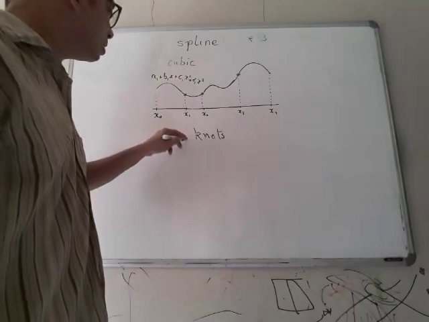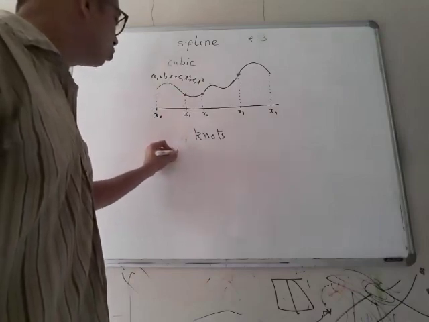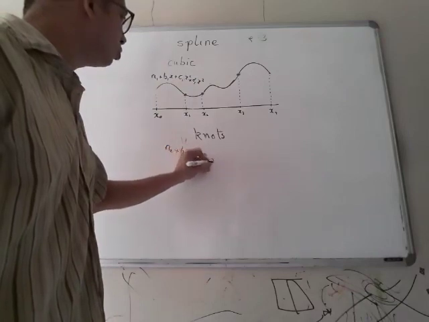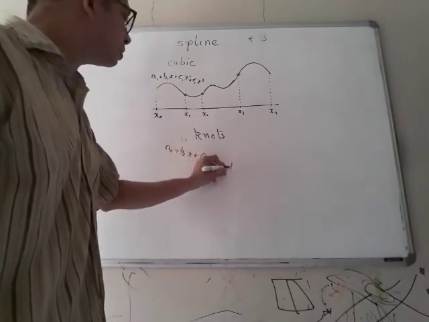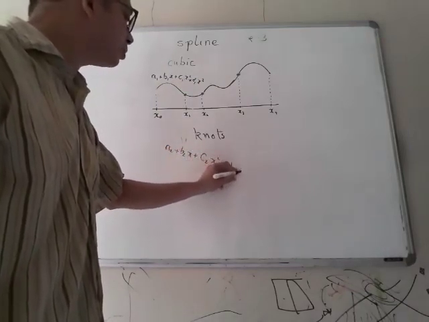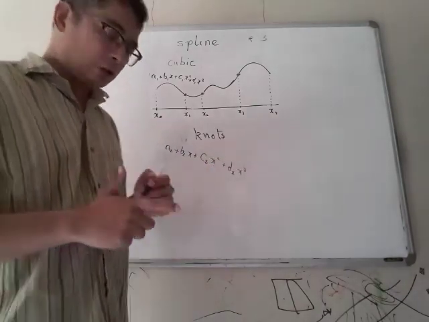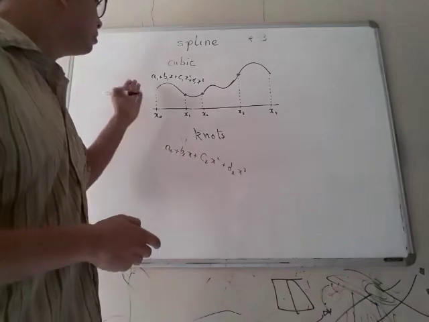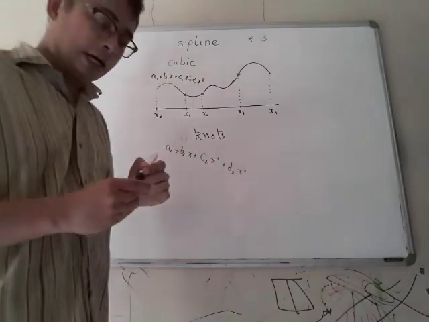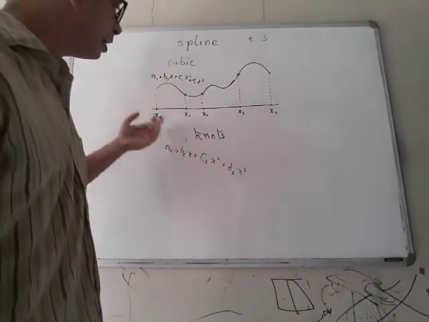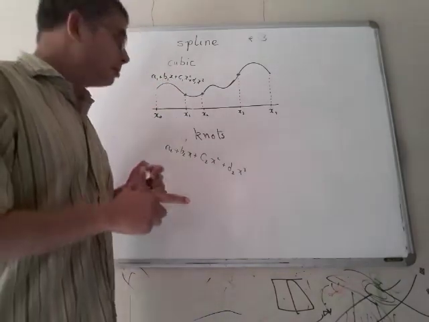Similarly here, it would be a2 plus b2x plus c2x square plus d2x cube. And we need various conditions on these ai's, bi's, ci's and di's such that we have the same value here as well as all the other things.